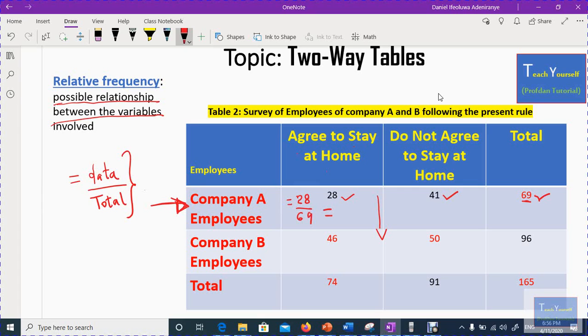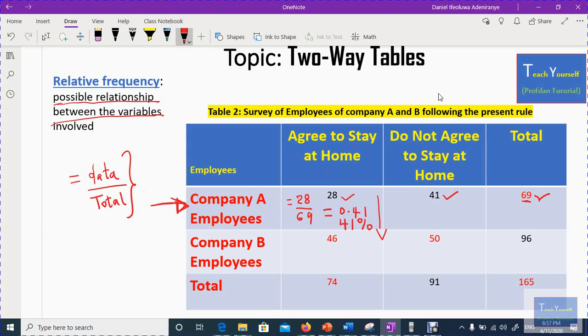And this is going to give you 0.41 as a decimal, and you can take it to a percentage by multiplying by 100%. This is going to be 41%.